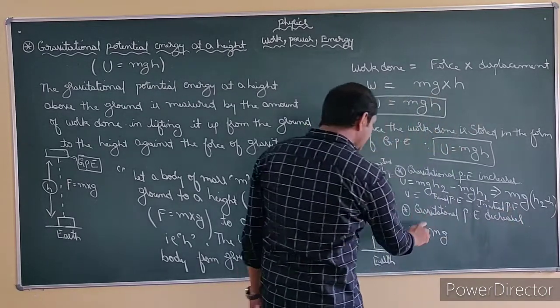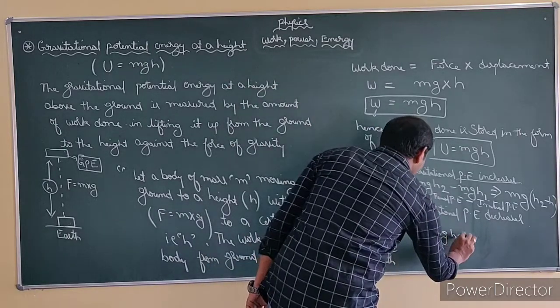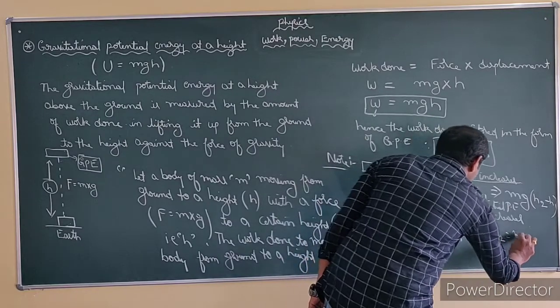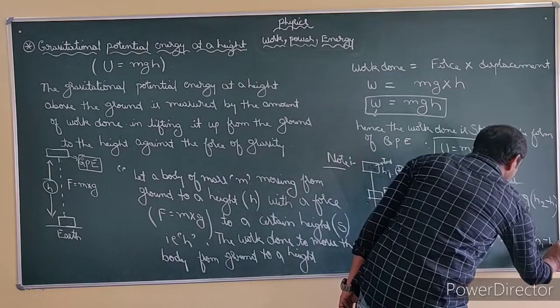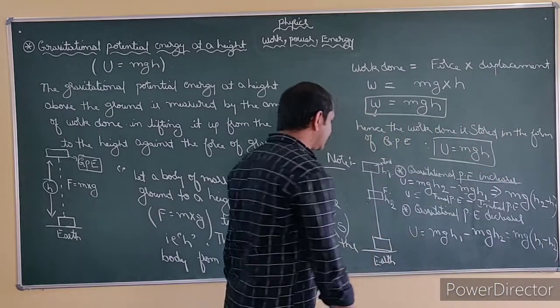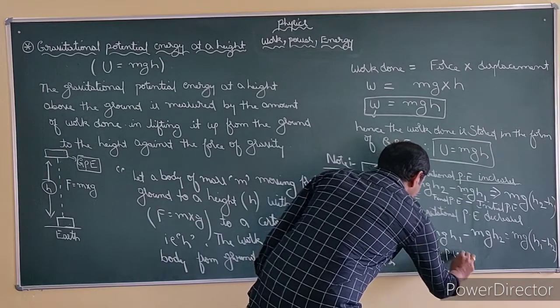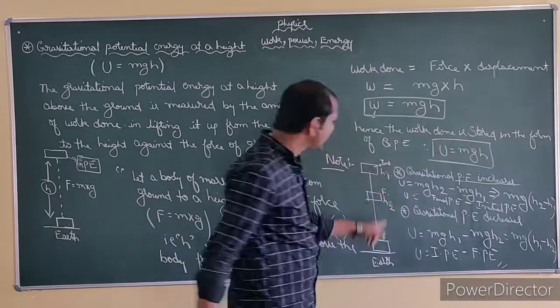Here it is initial potential energy minus final potential energy, that is mgh1 minus mgh2, which gives you mg(h1 minus h2). That will be written as U is equal to initial potential energy minus final potential energy. This is very important.